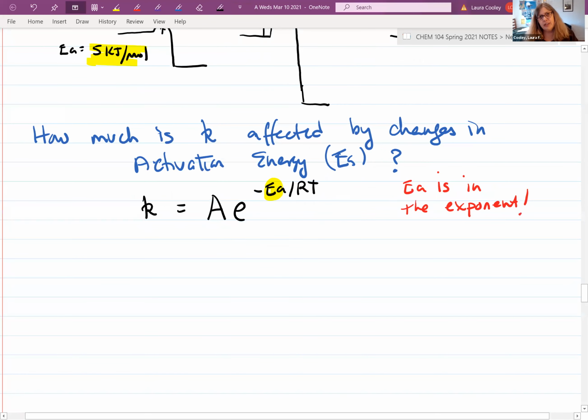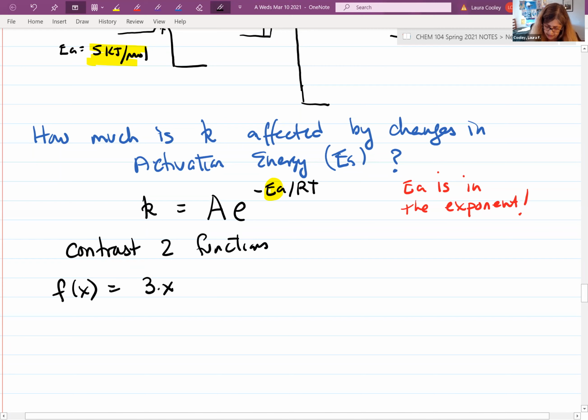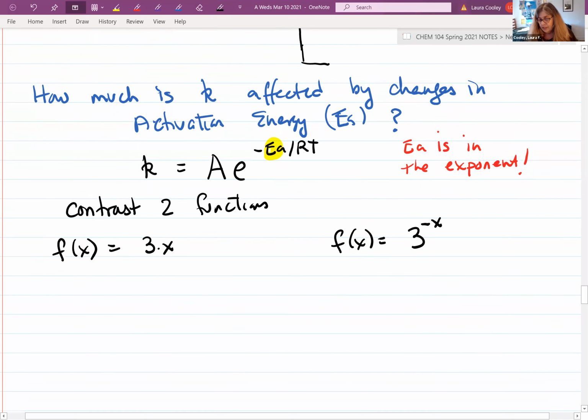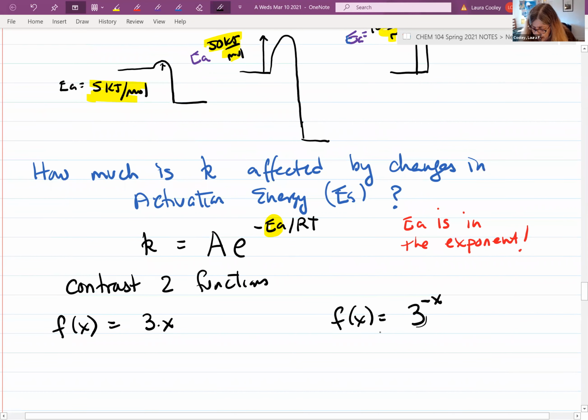So I'm going to do a really kind of silly illustration to show this to you. Suppose I'm going to contrast two different mathematical functions. Suppose we have f of x is 3 times x. And then we have f of x is 3 to the minus x, right? Remember that e is very close to the number 3.